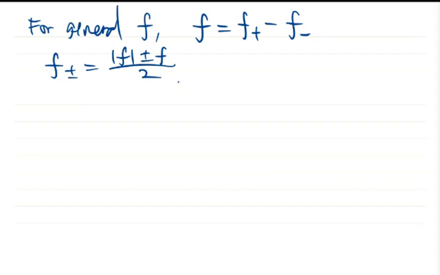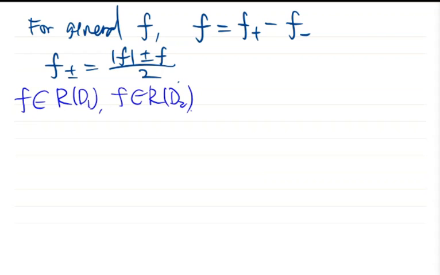So if f is integrable over D1 and f is integrable over D2, then we have the positive part and the negative part integrable over D1 and D2.